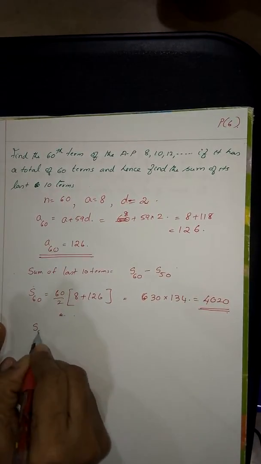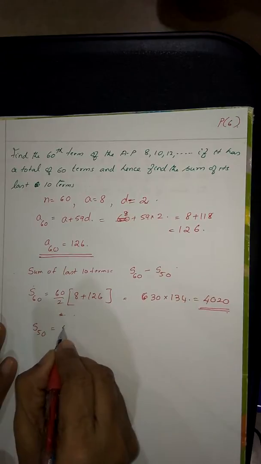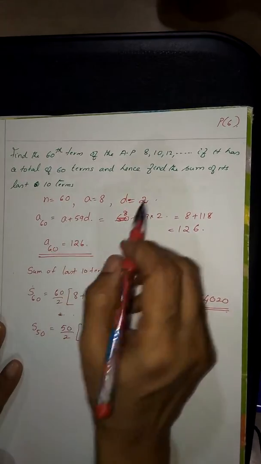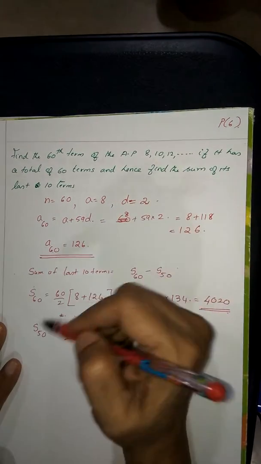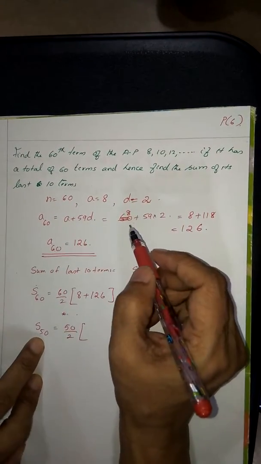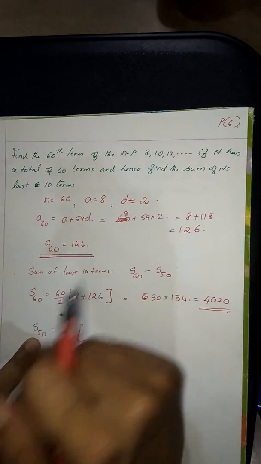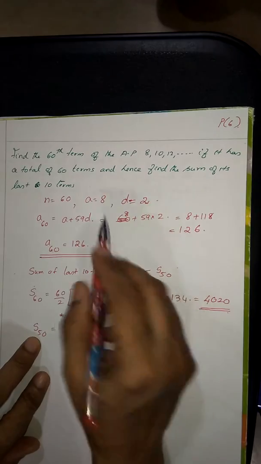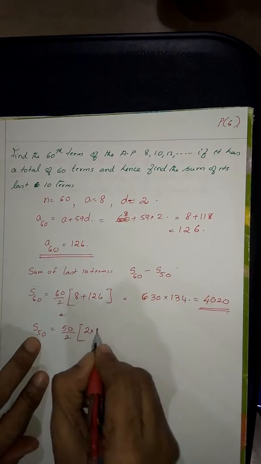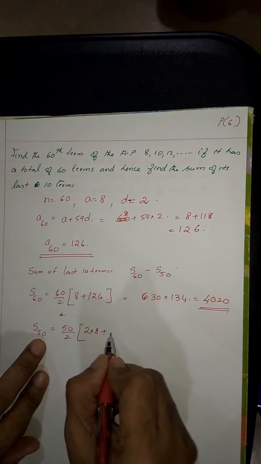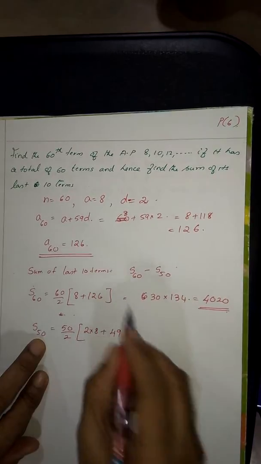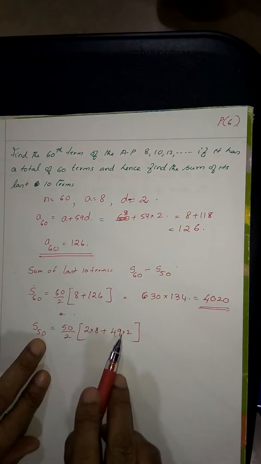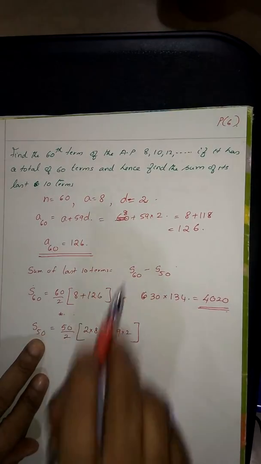Now S50 is equal to 50 by 2. We have not found the 50th term, so we will use the formula n by 2 into 2a plus n minus 1 into d. So 2a is 2 into 8 plus 49 into 2, since n minus 1 is 49 and d is 2.